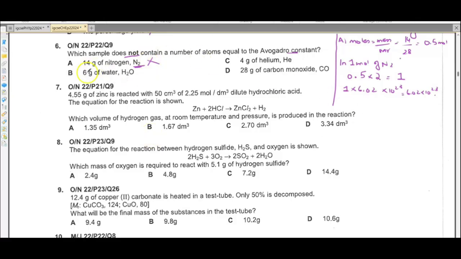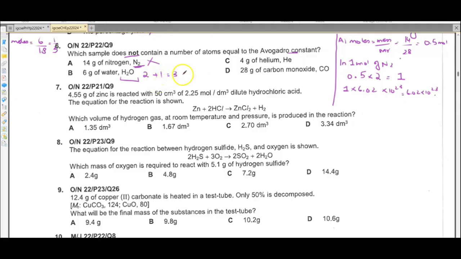Okay. Moving on to option B, 6 grams of water. The number of moles can be found by this. Mass is 6 grams, and Mr for H2O would be 16 plus 2, which is 18. So this is going to give us an answer of 1/3. Okay? And we know that there are 3 atoms in one molecule of water: 2 of hydrogen and 1 of oxygen.